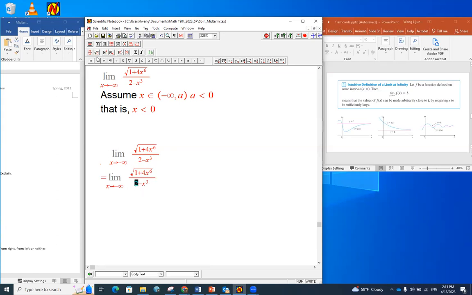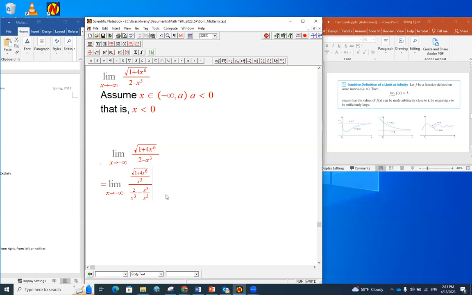So this piece is divided by x raised to the power 3, and this piece is divided by x raised to the power 3. Okay, hold on, this is minus. Remove that. And the top is divided by x raised to the power 3, because that's what we're going to do.